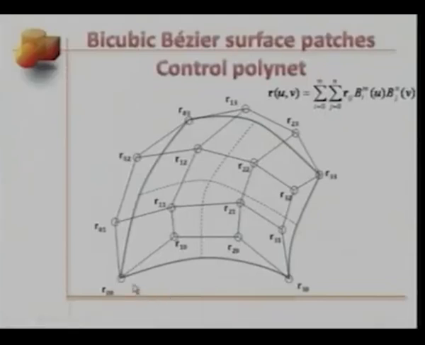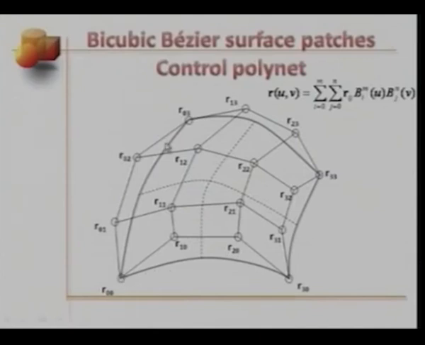Okay, take a look at this control polyline R00, R10, R20, R30. This would correspond to the parameter value v equals 0.